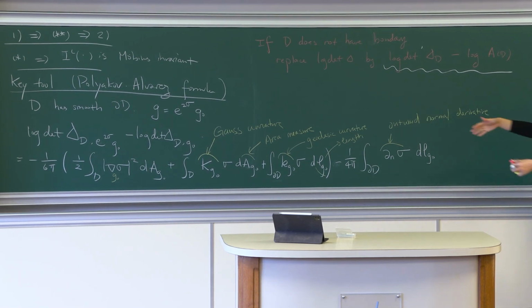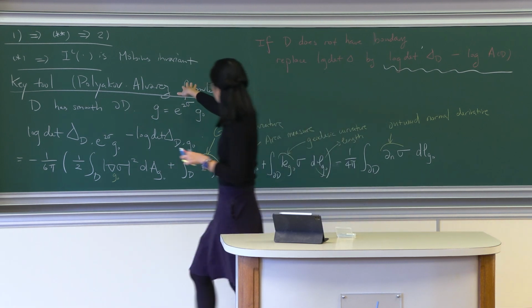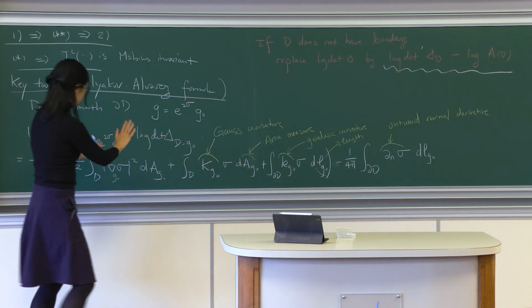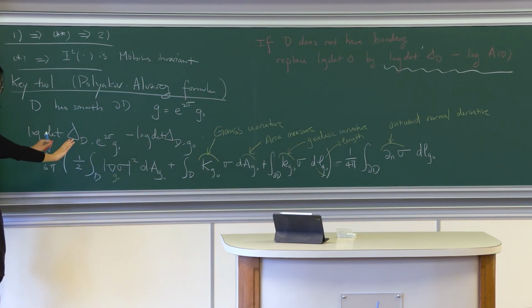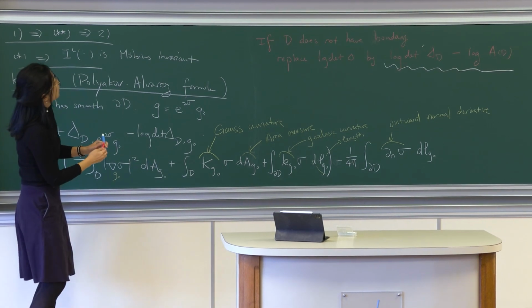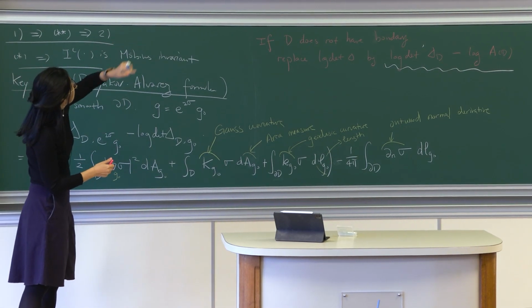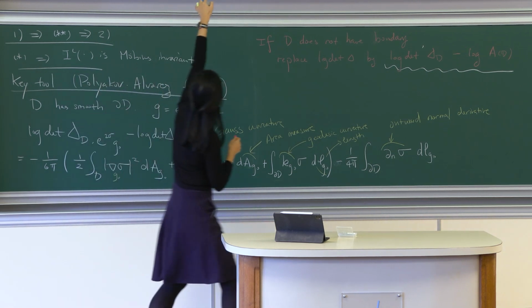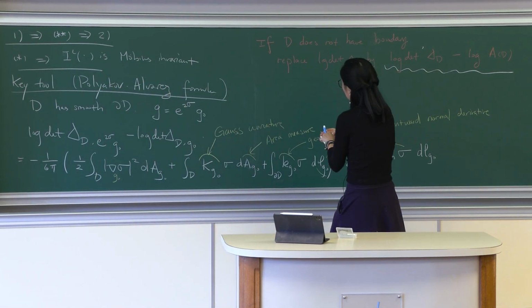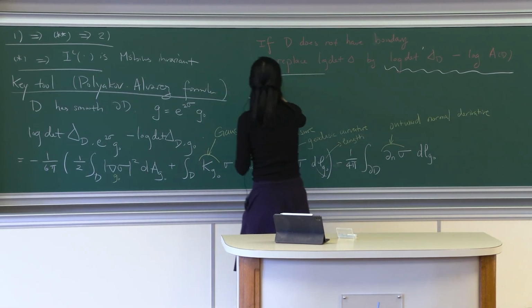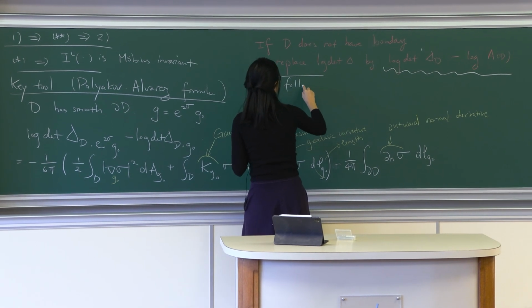All right. So this is the Polyakov-Alvarez formula, which tells you how this log determinant changes if you change the metric, and in order to show the first one, the star equation, follows directly.